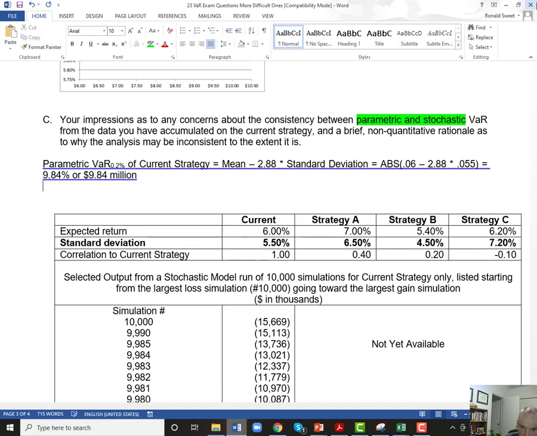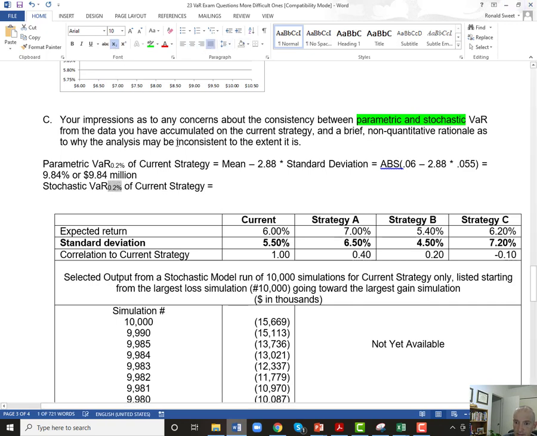So what is our stochastic VAR at 0.2% of the current strategy? Well, the first thing we have to do is figure out which simulation we are looking at. So 0.2%. We take how many simulations we run? 10,000 again. That makes it nice. 10,000 minus 0.002 times 10,000.